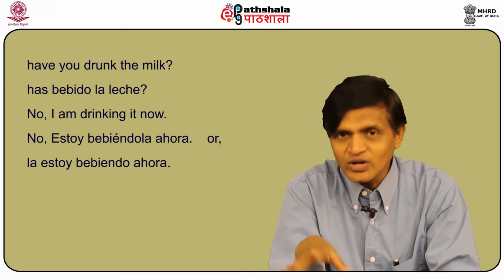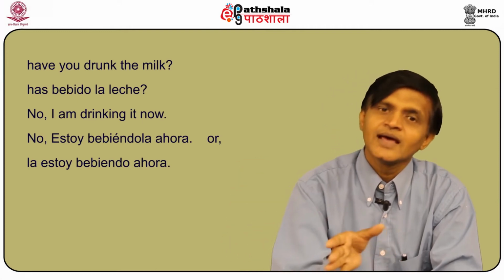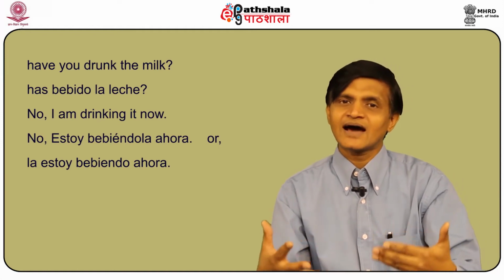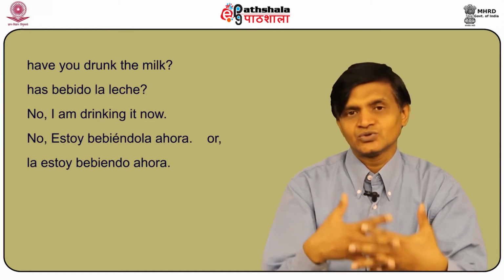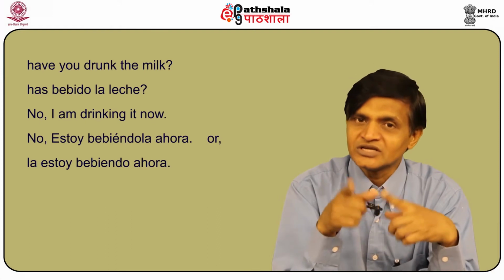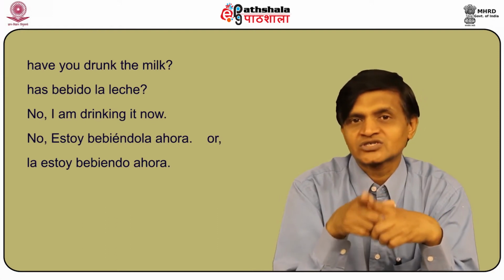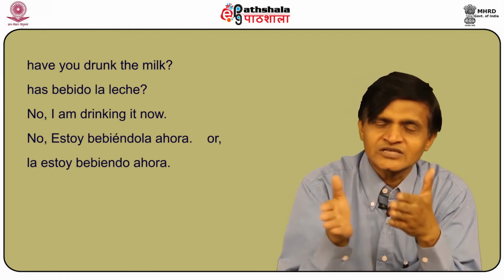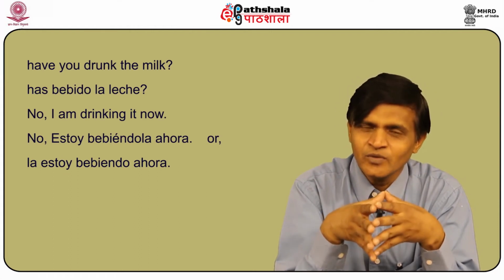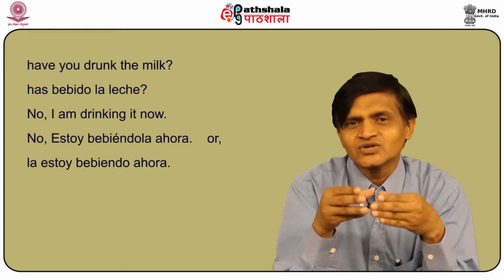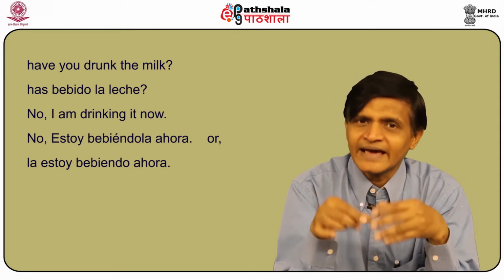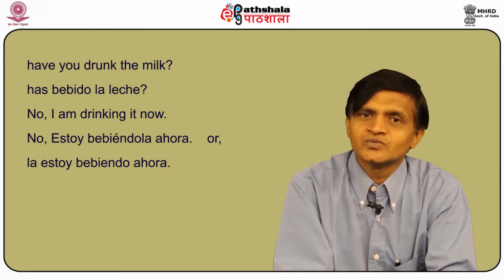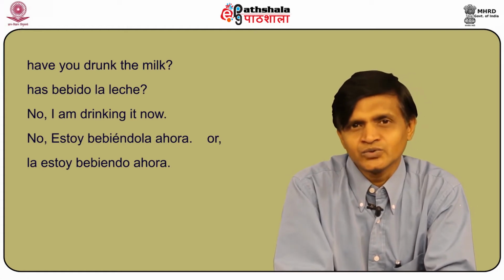Estoy bebiéndola ahora. Or, la estoy bebiendo ahora. It is only when the la is added to the gerund that you need the accent, which comes on the vowel before the -ndo. Clear? Let us move on to the other rules.